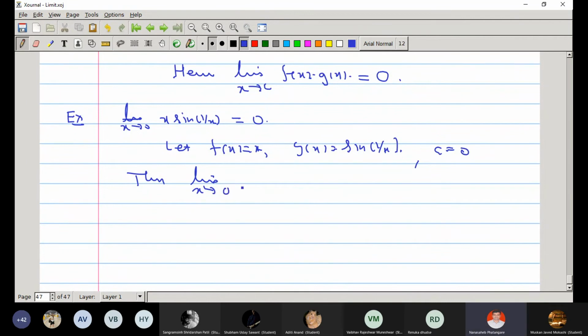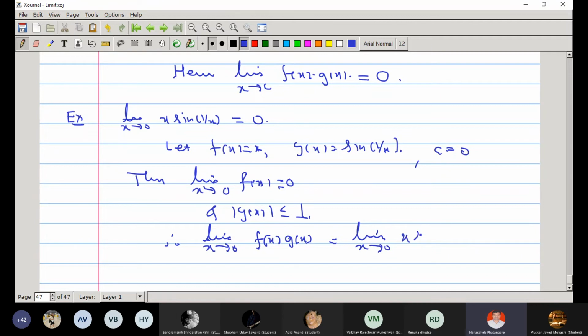So what is the limit as x tends to 0 of f(x)? It is 0, and g(x) is bounded. So g is bounded and therefore the limit of the product is 0 by the previous theorem. So the limit as x tends to 0 of f(x) times g(x), which is the limit as x tends to 0 of x sine 1 by x, is 0.